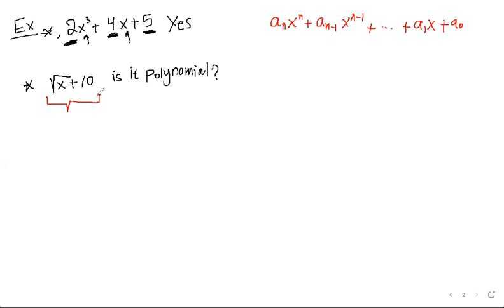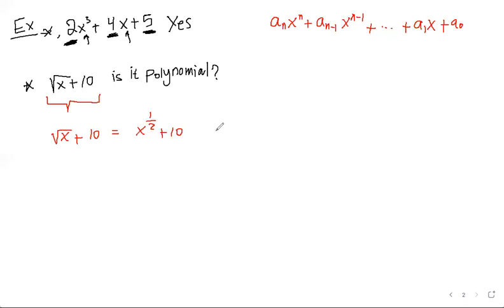If I want to change square root of x plus 10, it's exactly like x to the power 1/2 plus 10. This is real number, this is variable, and the power 1/2 is not a natural number.